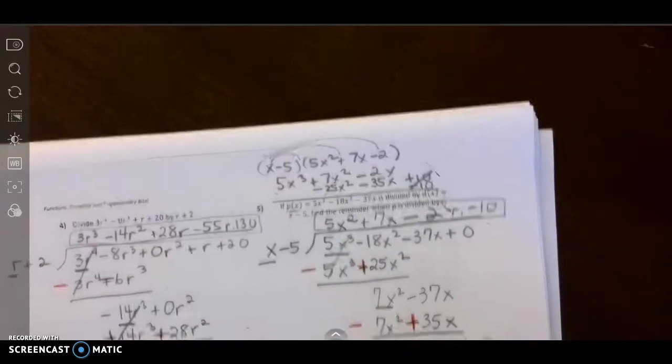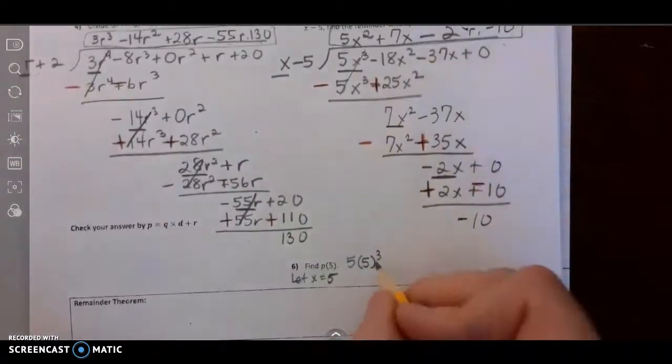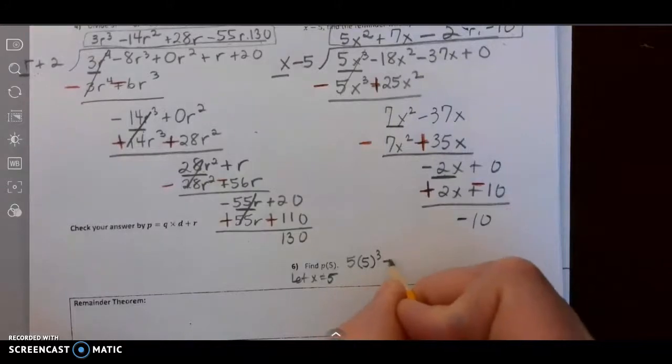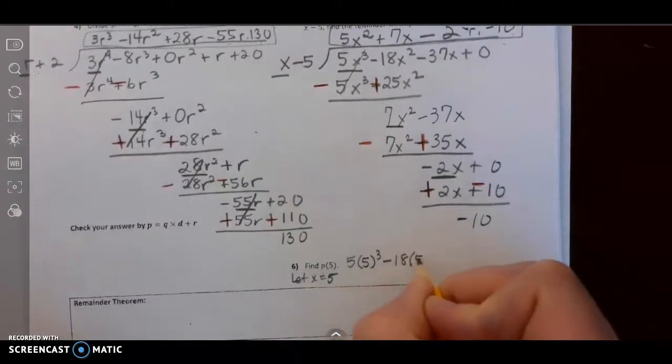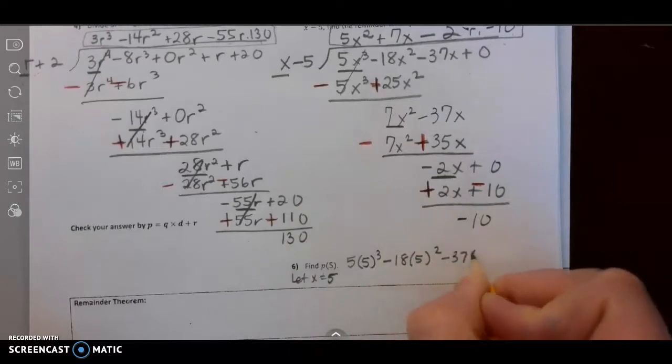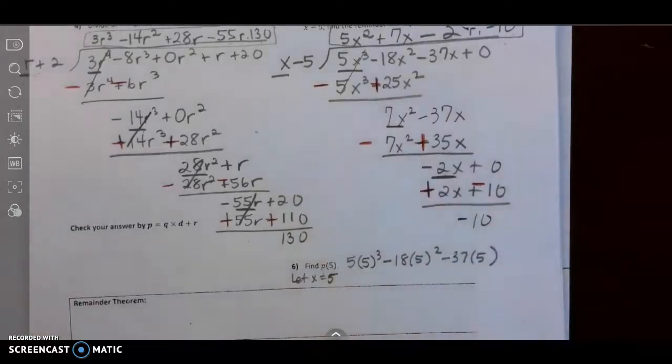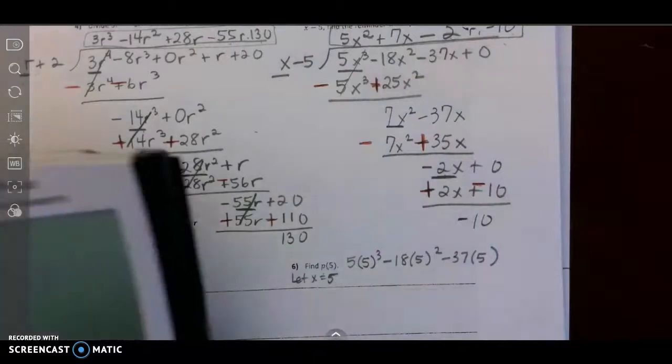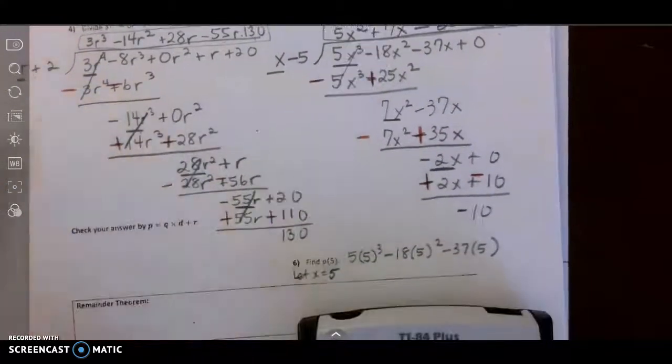That's what we're doing. 5 times 5 cubed minus 18 times 5 squared minus 37 times 5. So I'm going to go ahead and use my calculator to do this.